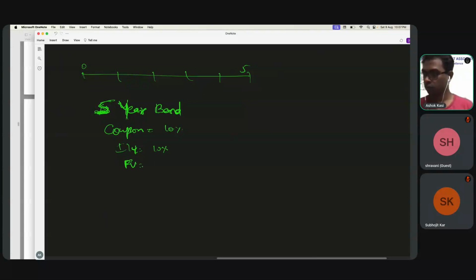So present value will be what? 100 now, because these two are the same. Present value will be 100.